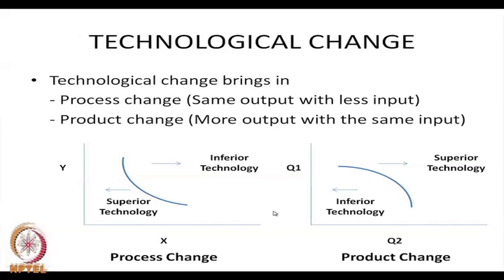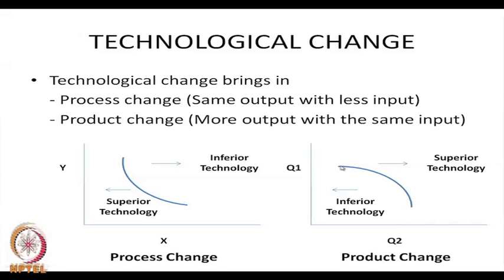Now, let us consider the case of product change. Look at the axes: this is q1, the quantity of product 1, and this is q2, the quantity of product 2. So, this is a case of a product transformation curve.